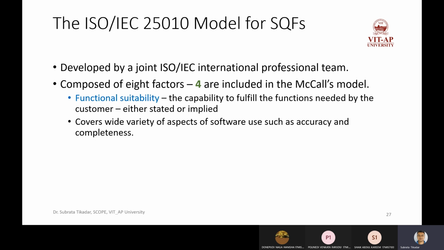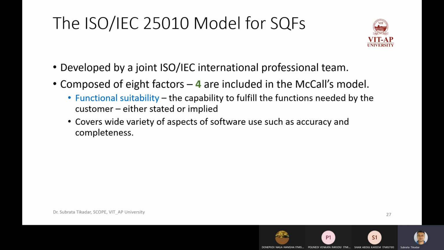So first is functional suitability. It is the capability to fulfill the functions needed by the customers, either stated or implied. It is not mandatory that always all the functions will be written in the specification document. They may be written in that document or may be implied.